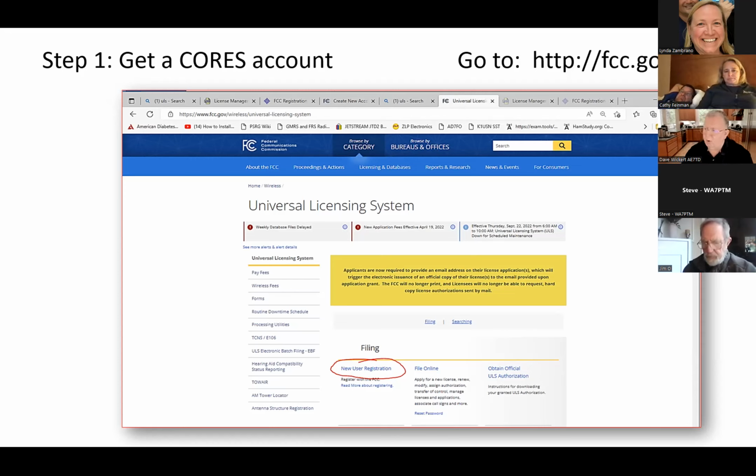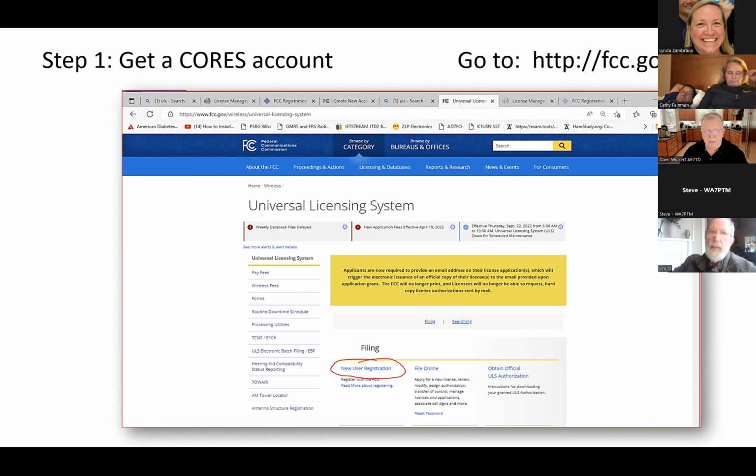The URL that kicks everything off is fcc.gov/ULS. This is a two-step process. The first step is to create an account, and the second one is to create a number. From their home screen for the ULS, you see a new user registration link towards the top of the page.